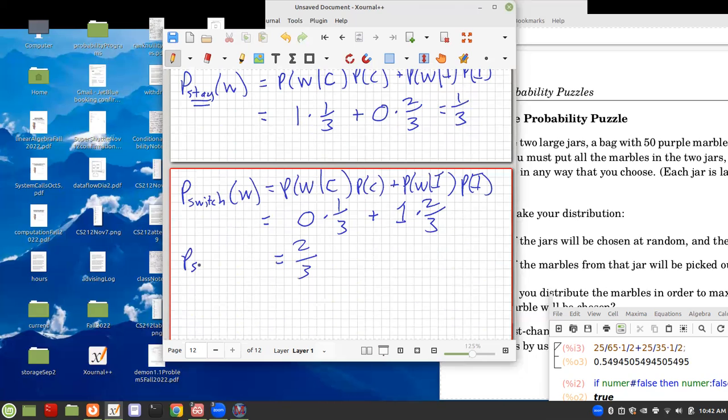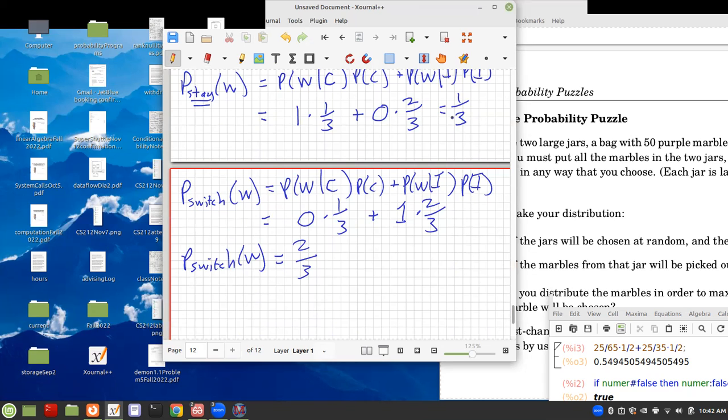So the probability of winning if you switch is 2/3, whereas if you stay it's 1/3. Think of it this way: being incorrect on the first choice is twice as likely as being correct. Since Monty Hall has revealed one of the curtains, if you switch, 2/3 of the time you're switching from an incorrect answer to a correct answer.